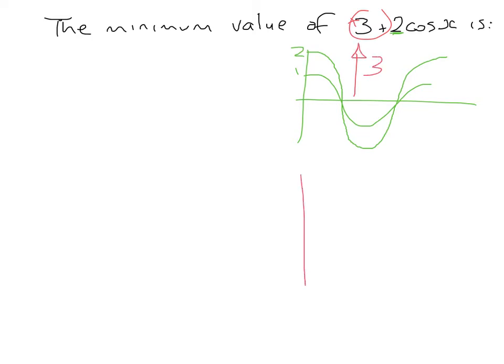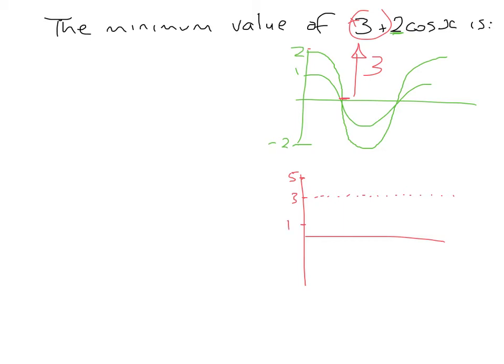So all of the graph will be shifted up by 3, so this 2 will become a 5. Wherever we see zeros would actually cross through at 3, so that's like our average point through there. In the original function, the minimum of the 2 cos x was negative 2. That's going to get shifted up by 3 as well, to 1.